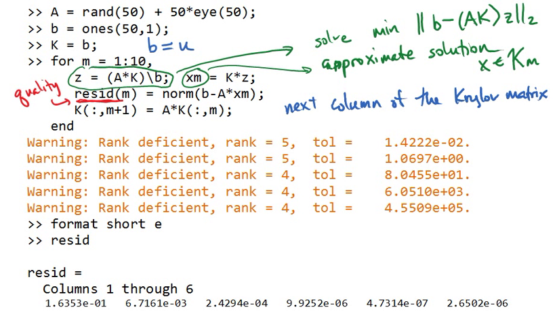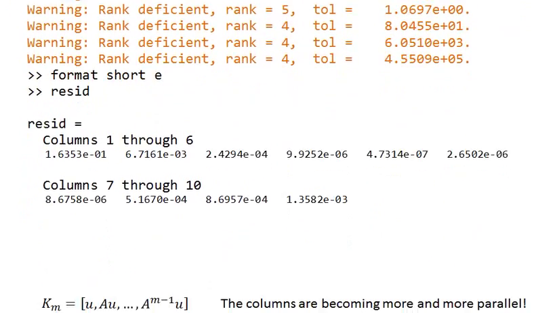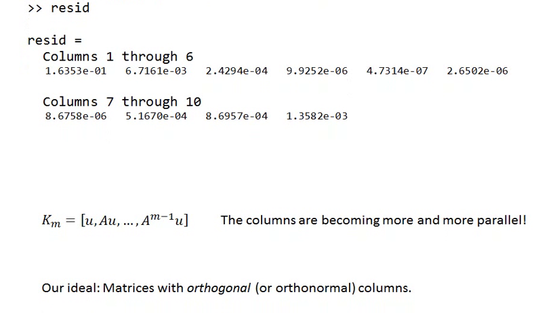So we run this code. Let's not worry about these warnings for a second, but they are important. Let's just see what the results are. So if we look at the residuals, you see that for a while, they decrease nicely. That's what we want, right? We're trying to drive this residual to zero, ideally, or at least small enough to make us happy.